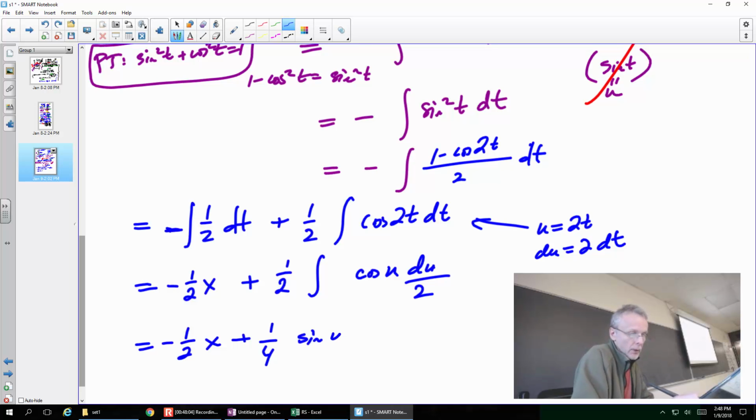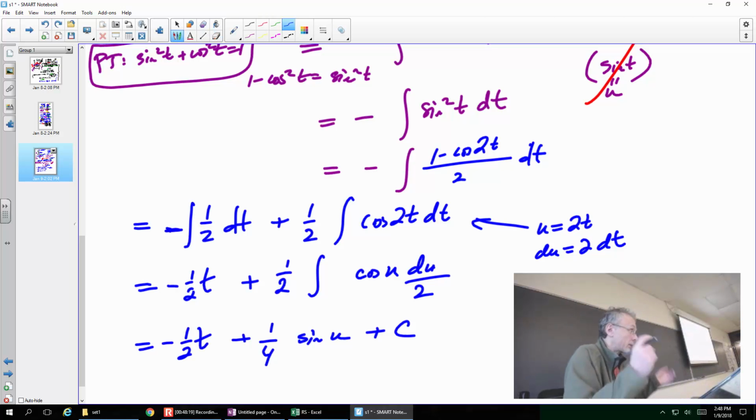Sine u plus c. Okay, so once again we have to work back towards, I'm sorry, that's not an x. I wish somebody stopped me. It's a t, right? So we integrate with respect to t, so it has got to be t over here. So the variables matter, right? Because we're going to now work our way all the way back to x.